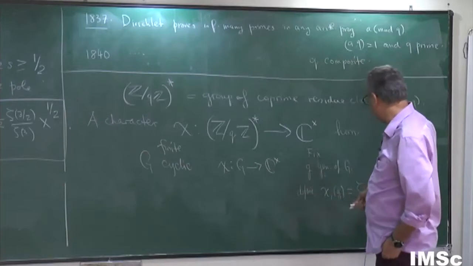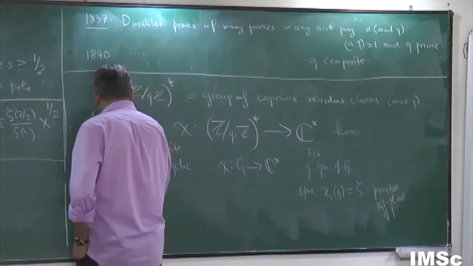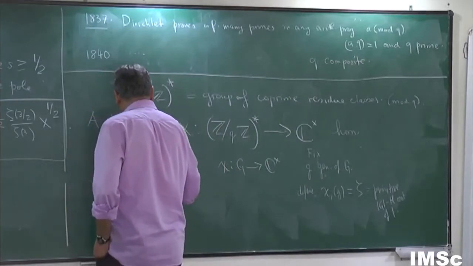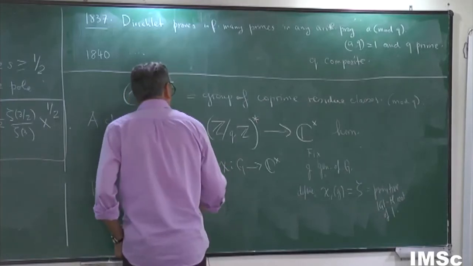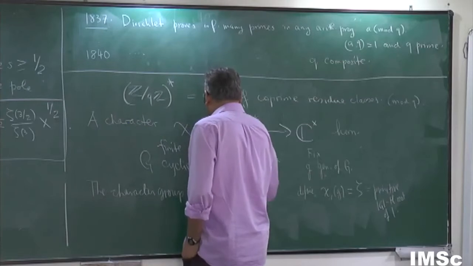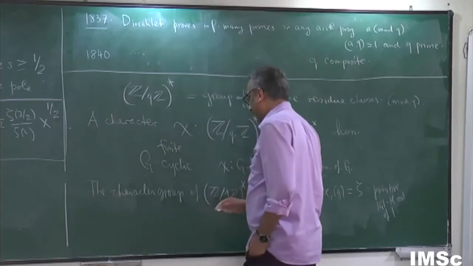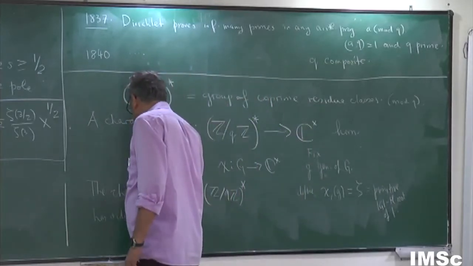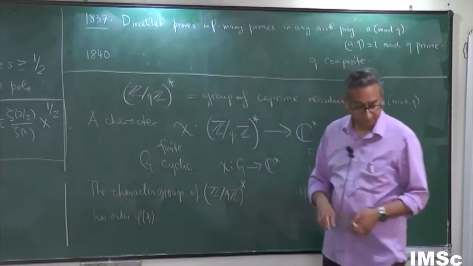So you have these characters, and so we now see that the character group of Z mod QZ star has order phi of Q. Right? It's got order phi of Q.